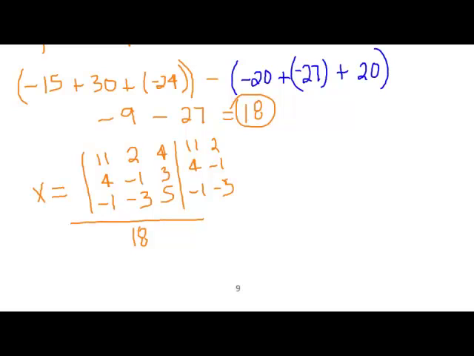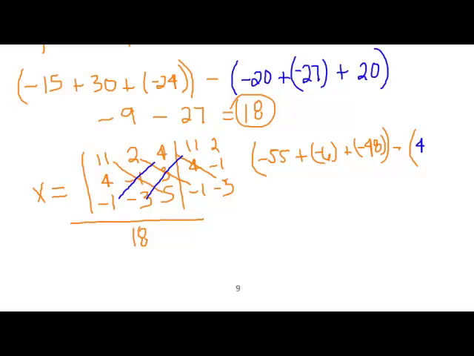So if we start with our first diagonal, we have 11 times negative 1 times 5, which is negative 55. 2 times 3 times negative 1, which is negative 6. 4 times 4 times negative 3, which is negative 48, minus, opposite diagonal, negative 1 times negative 1 is positive 1, times 4 is positive 4. 11 times 3 times negative 3 is negative 99, and 2 times 4 times 5 is positive 40.